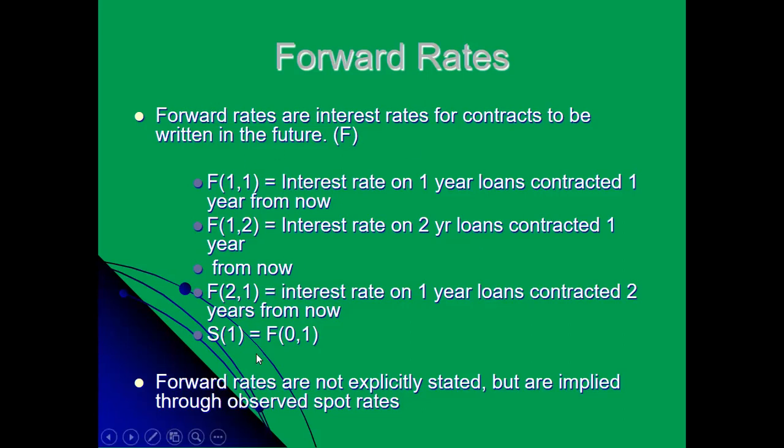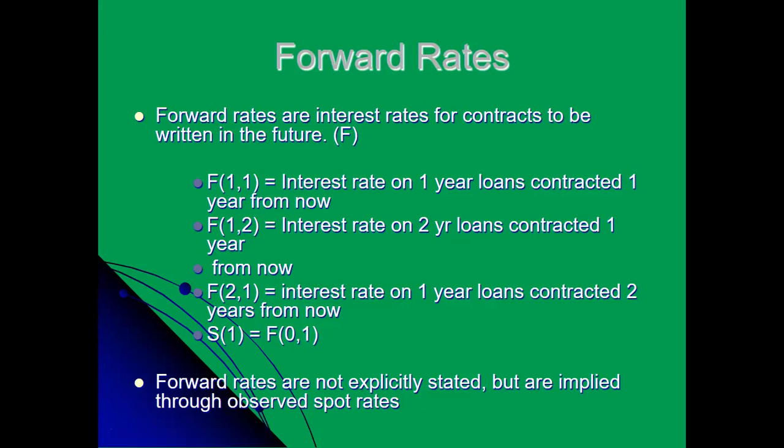This is 2/1, meaning 2 years from now, in the future, 2 years from today, and the interest rate on 1-year loans. So also another point is that the spot rate 1 is equal to the forward rate for a loan that is contracted today, 0, and that is the interest rate 1 year from now. So they are equal because the spot rate is today.